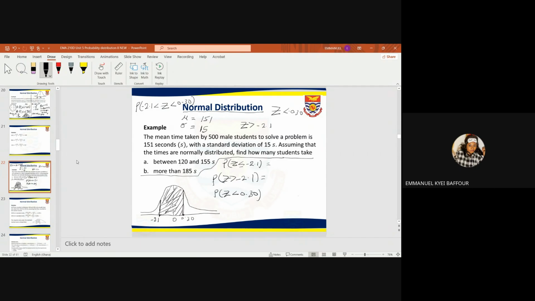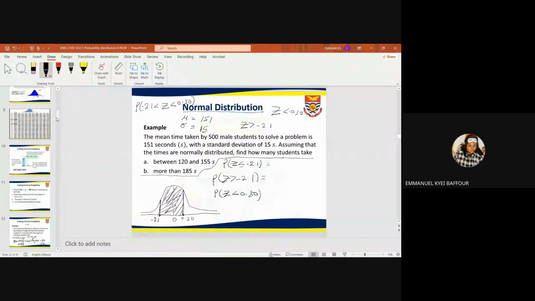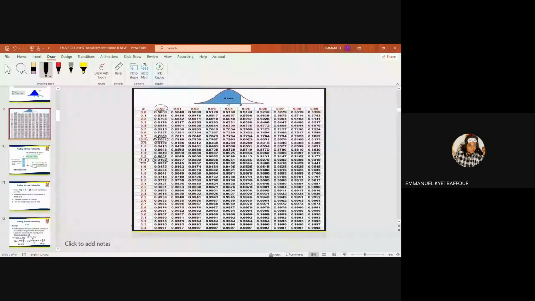So let's go to the table. We are going to look for 2.1. We have 2.1 here, 2.100. So this is the one that we will be looking at. So that is 0.9821.